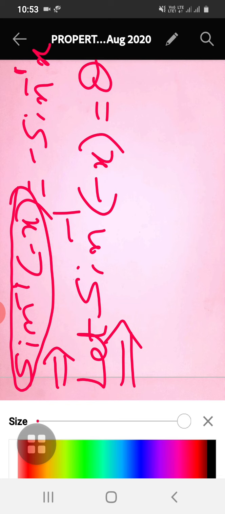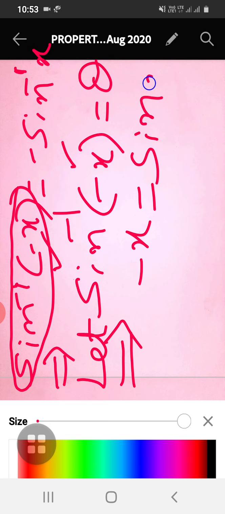So how can I write this? This implies minus x is equal to, if sin inverse comes to the right hand side, that becomes sin theta. I hope you can understand this step by the definition of inverse trigonometric functions. If sin inverse comes to the right hand side, that becomes sine. If sine comes to the left hand side, that becomes sin inverse. So they are inverse to each other. So minus x is equal to sin theta.